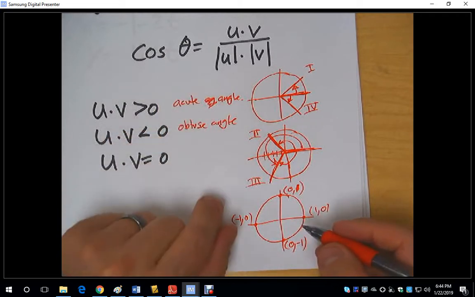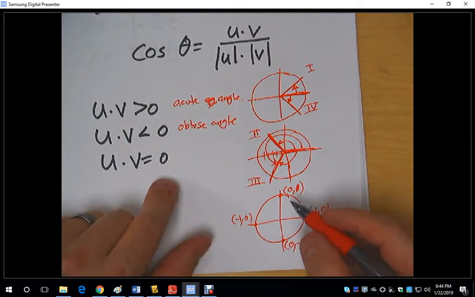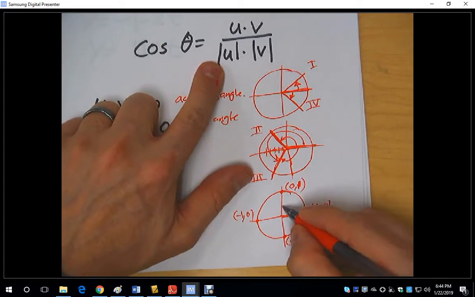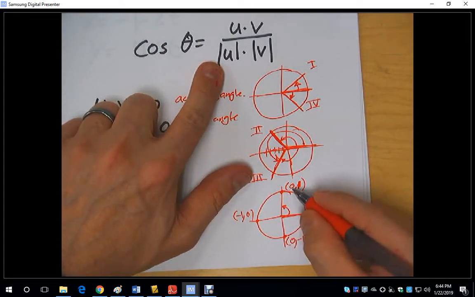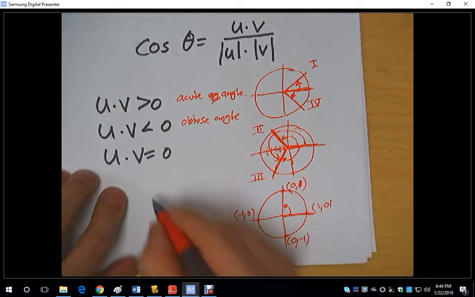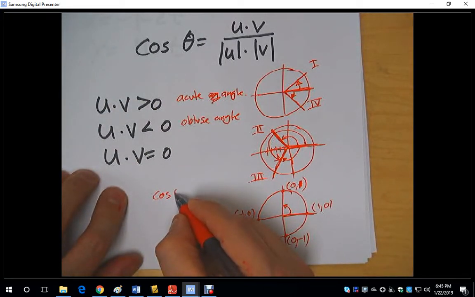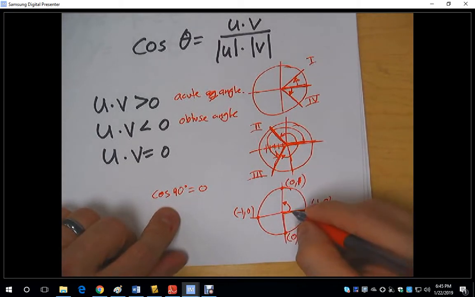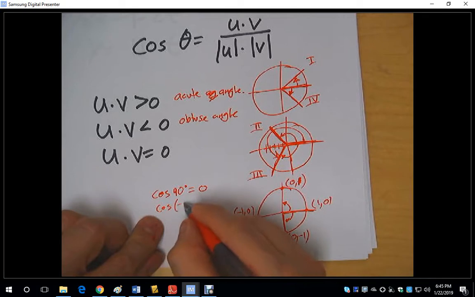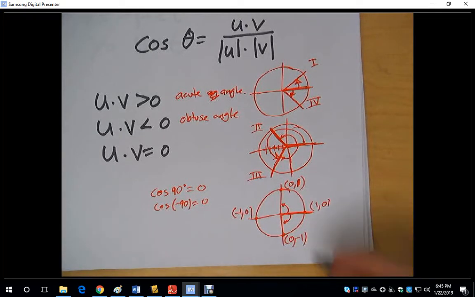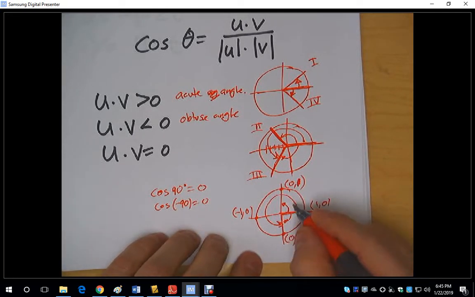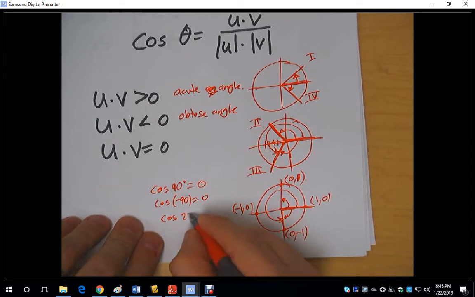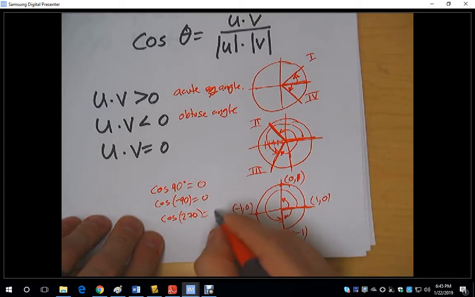So what kind of rotation will get us to cosine theta equaling 0? From our initial side, we're looking at this rotation. Cosine of some angle equals 0. Well, that's 90 degrees. So cosine of 90 degrees equals 0. If we rotate the other way, cosine of negative 90 degrees equals 0. Or we could rotate all the way around here, which gives us 270. So cosine of 270 degrees, or negative 270 degrees, will give me 0.